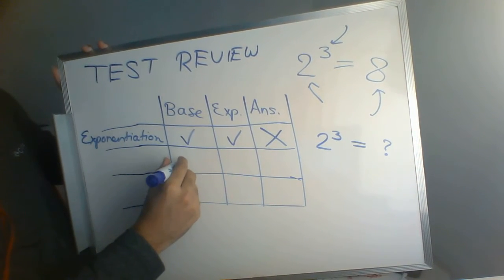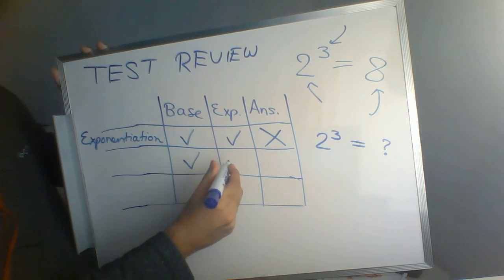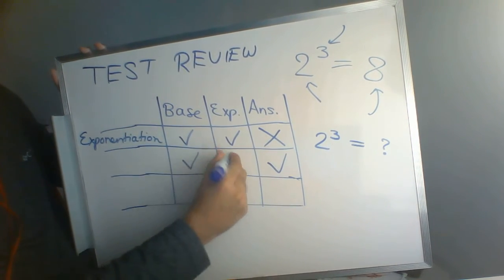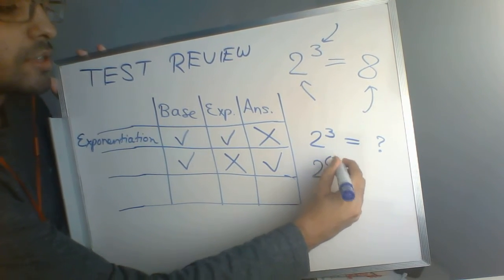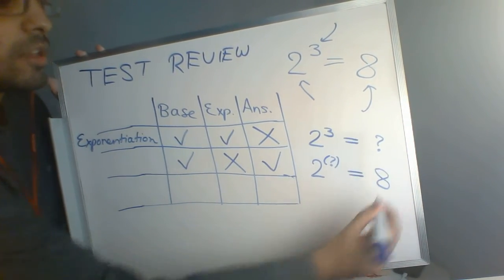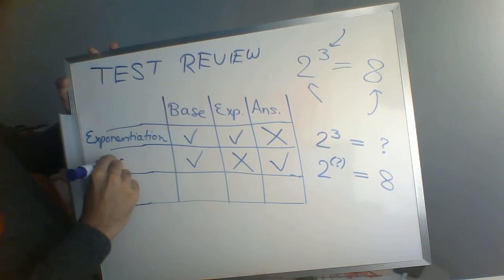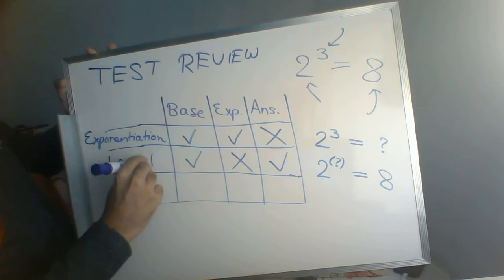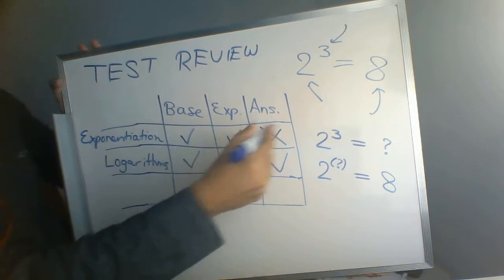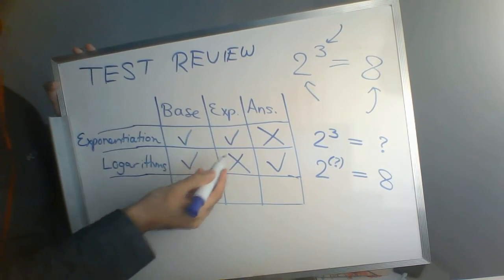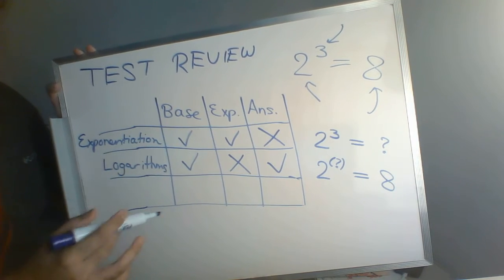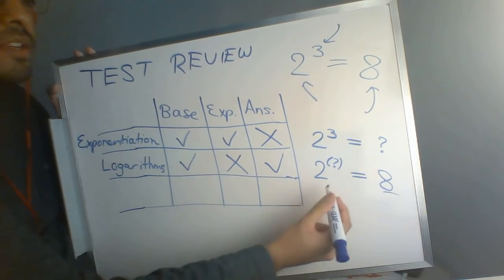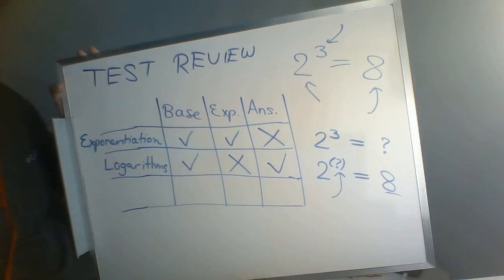If you know the base and you know the answer, and you're looking for the exponent, so that would be like 2 to what exponent is going to equal 8. That's the last thing we did. That's logarithms. I'm writing them out of order here, but I'm writing them in order of the x's going down this way. So that's where you know the base, you know the target answer is 8, and I'm asking you for the exponent.